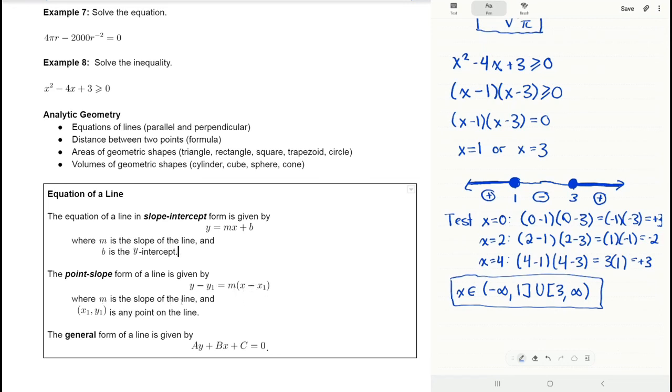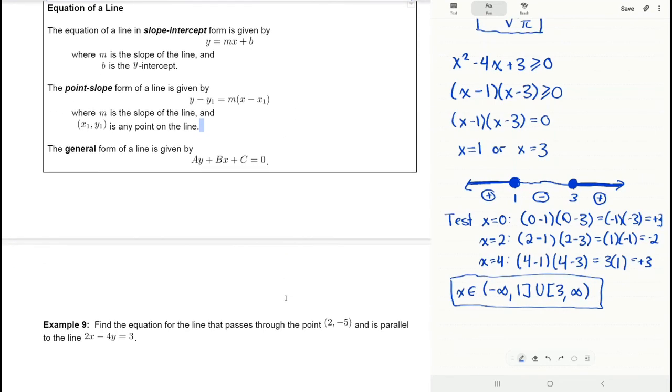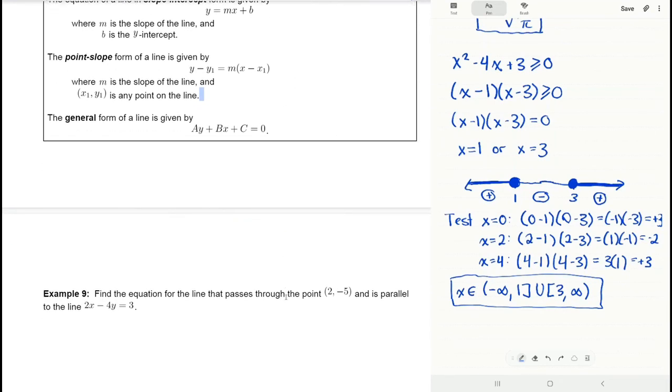And again, m is the slope of the line, and (x1, y1) is any point that lies on the line. Another form of the line is called the general form and is given as ax plus by plus c, which is equal to 0. So let's have a look at an example for finding the equation of a line.